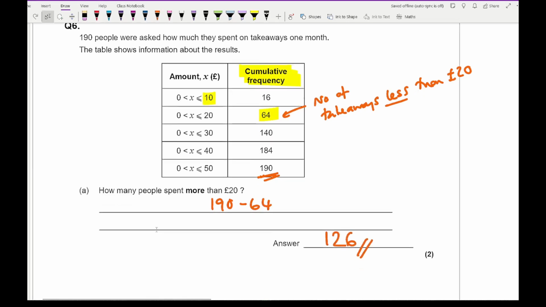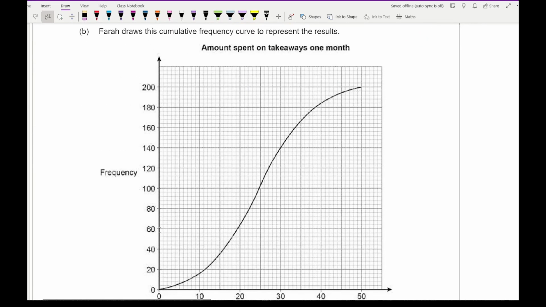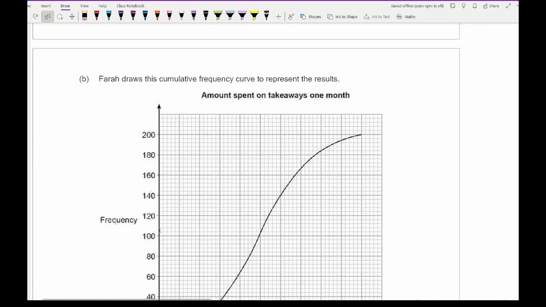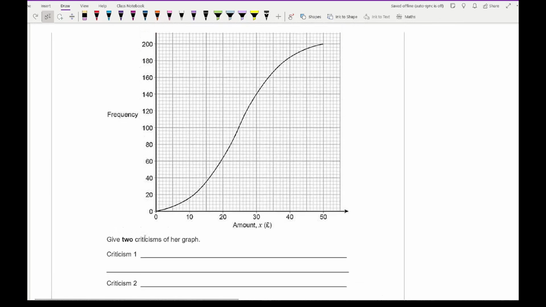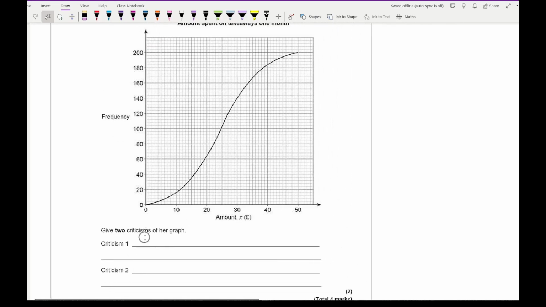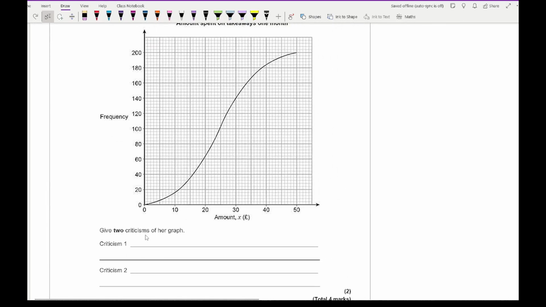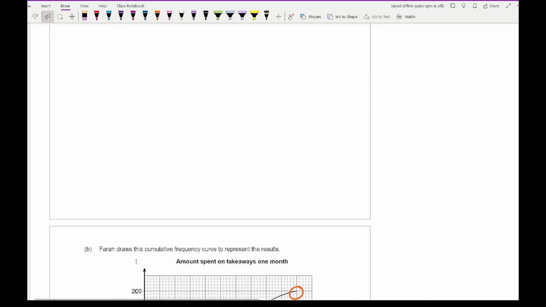And then finally, for the last part, it says that Farad draws a cumulative frequency curve to represent the results. And it says to give 2 criticisms of the graph. So if I just zoom out so we can actually see the cumulative frequency graph that Farad's drawn. So one of the criticisms you should be able to spot is the fact that the cumulative frequency should stop at 190 because that's how many people were asked.